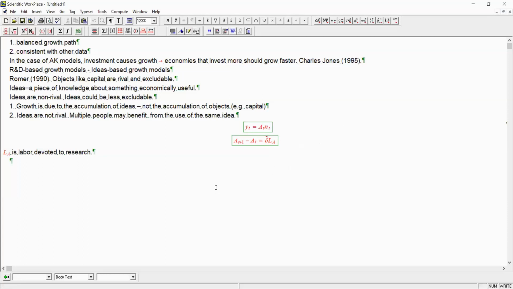The next question is, what factors might affect the marginal productivity of research labor? Or in other words, what is delta tilde? One possibility is that delta tilde could itself depend on the number of pre-existing ideas.